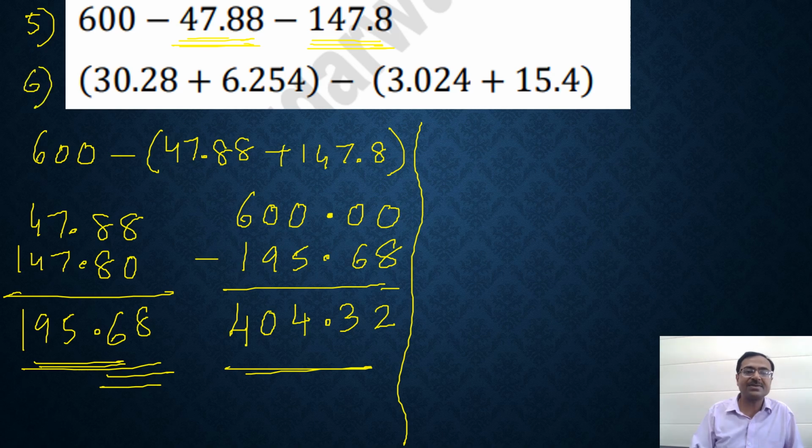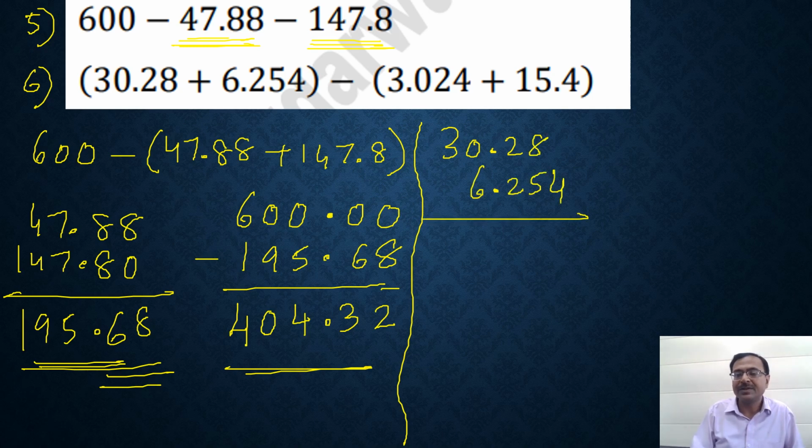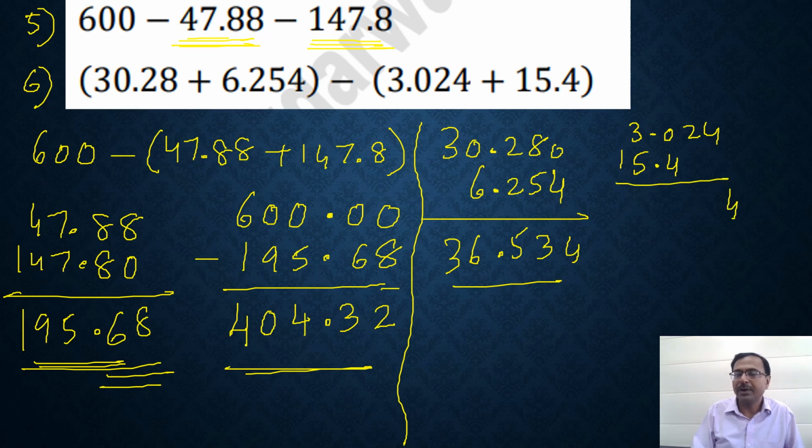Likewise, question number 6 is also based on the same concept, where you have to add 20.28 and 6.254. Look how I am writing them. This is important. 4, 13, 3, 1 carry. So 5, 6 and 3. This is the sum. And then 3.024 and 15.4: 4, 2, 4, 8 and 1.